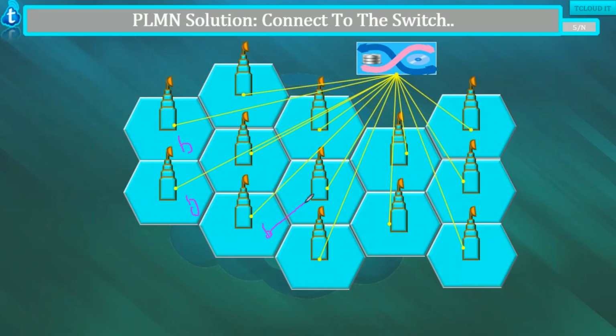For example, if they move from here to here, because all the towers are connected to a centralized exchange, every tower can contact that centralized exchange to find out whether the user has the subscription capability to take that service. You can make a decision.